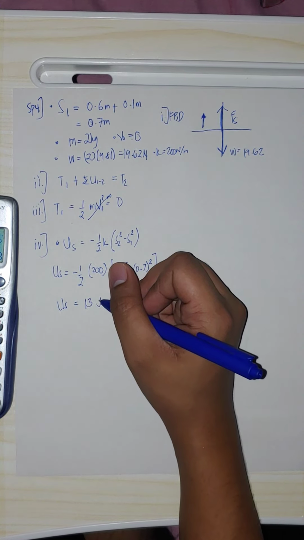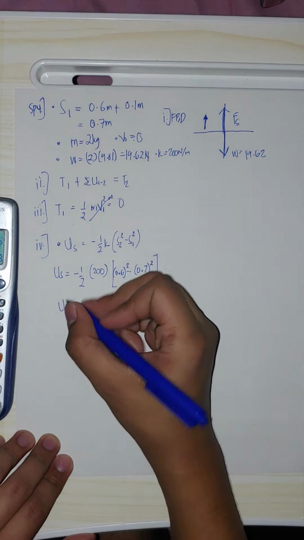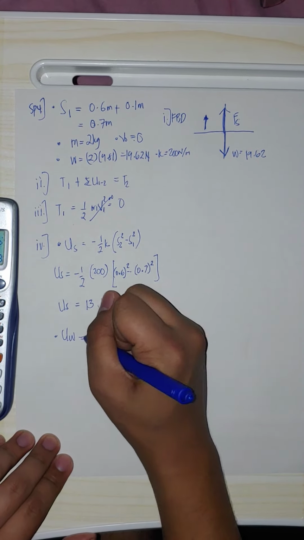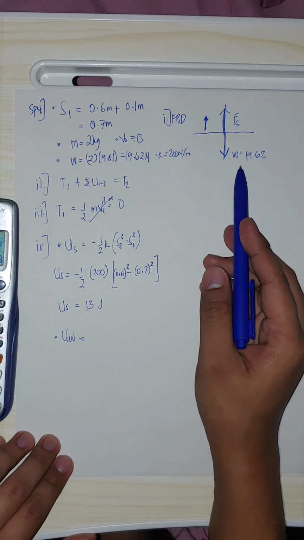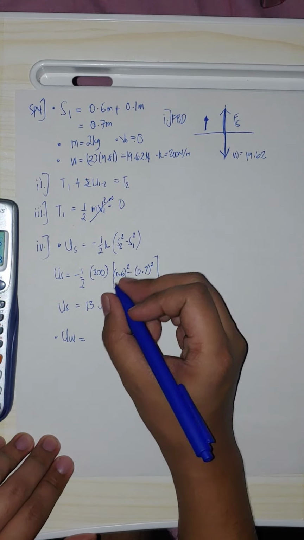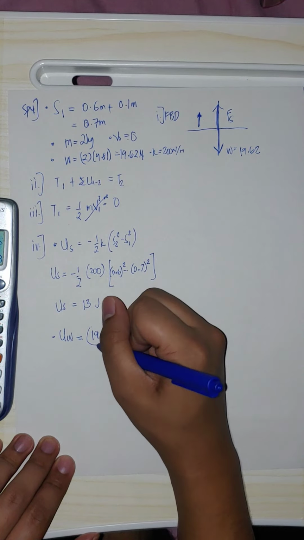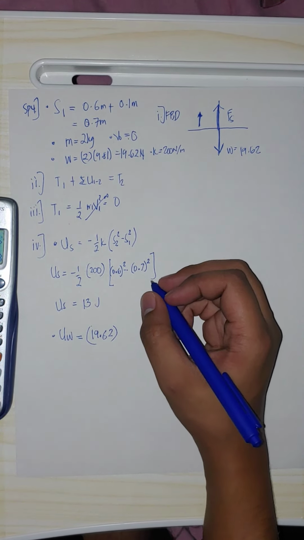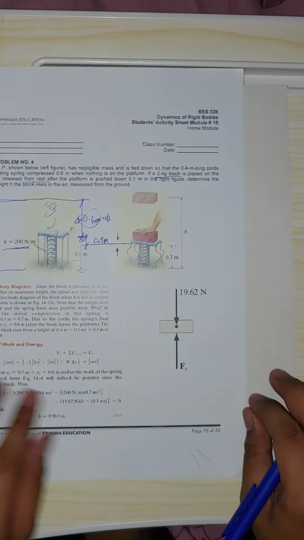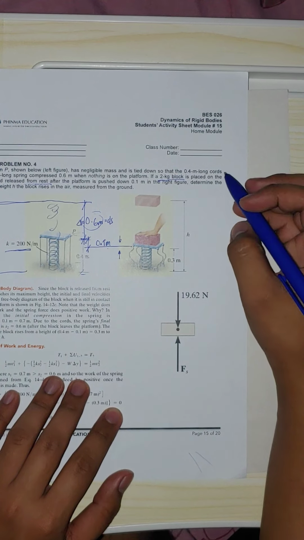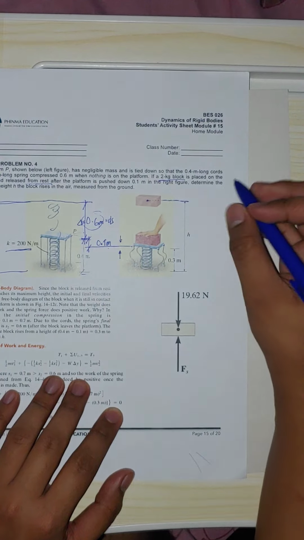And then we have here the work due to the weight. So we have the force times the displacement. That is 19.62 times, so what is the distance or displacement? For the work due to the weight, the final kinetic energy that we are looking for is this, up to here, and we don't know this height.